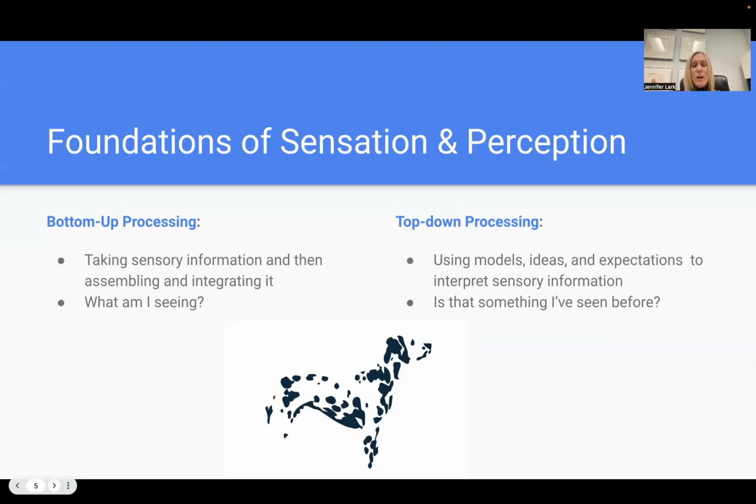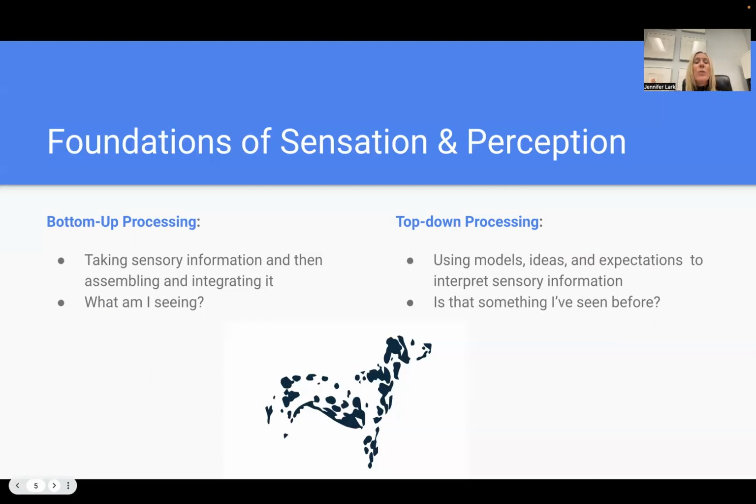So top-down processing would be like, it's a dog, it's a Dalmatian, right away, and connecting that to other things that we've already seen or heard or experienced in our life. The idea is that top-down processing happens really quickly and automatically. It's heavily influenced by previous experiences that we've had, and because of that, it's not always correct. It's very prone to error.